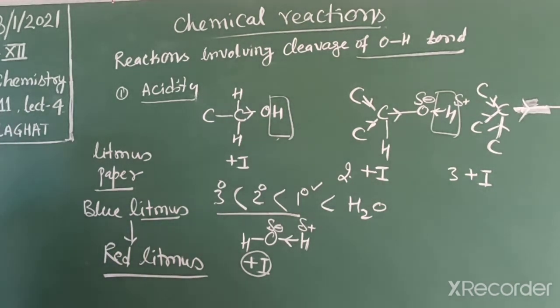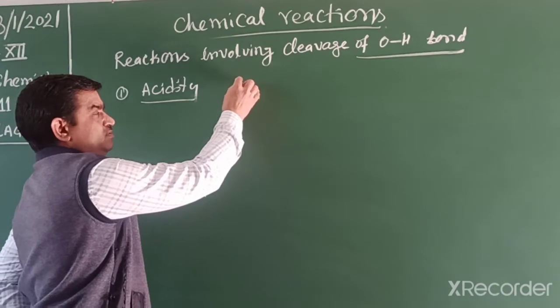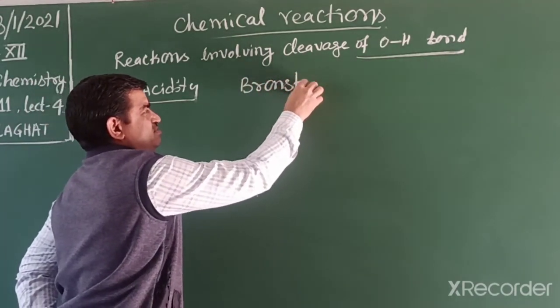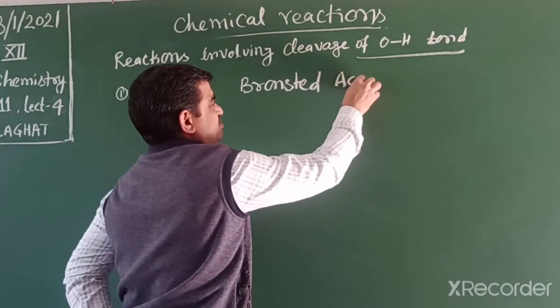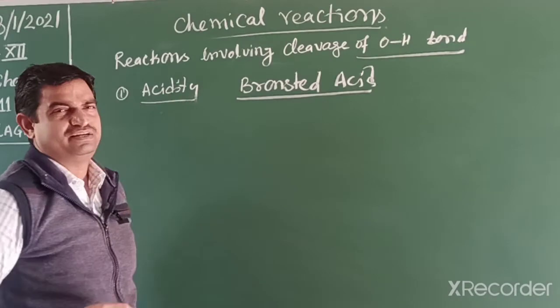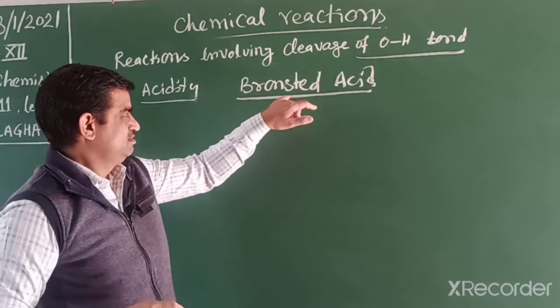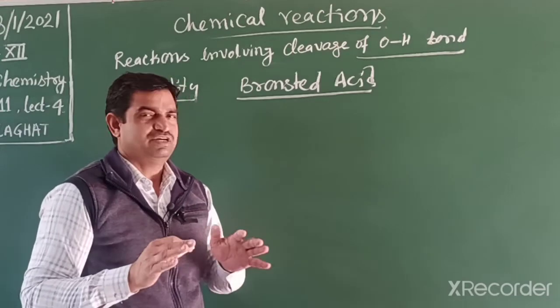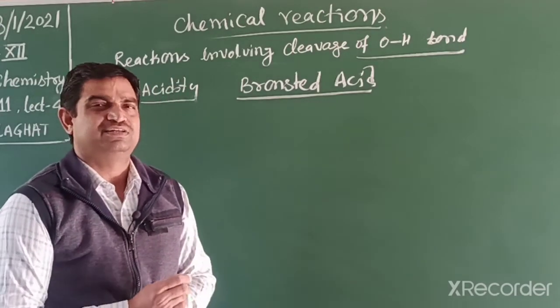Now we look at the Brønsted-Lowry concept. Alcohol acts as a Brønsted acid. Friends, what is a Brønsted acid? In earlier 11th class, we already discussed three types of acid and base definitions. First one is Arrhenius acid and base.